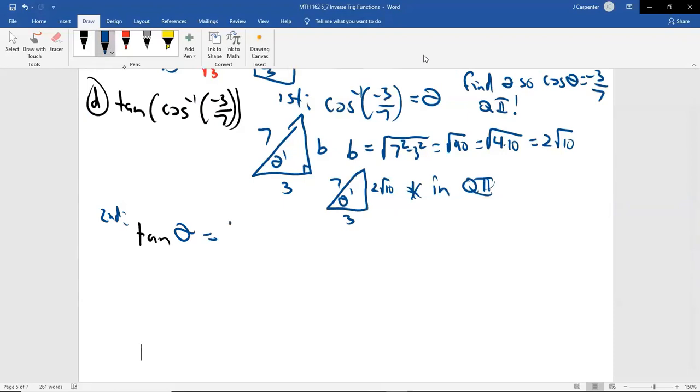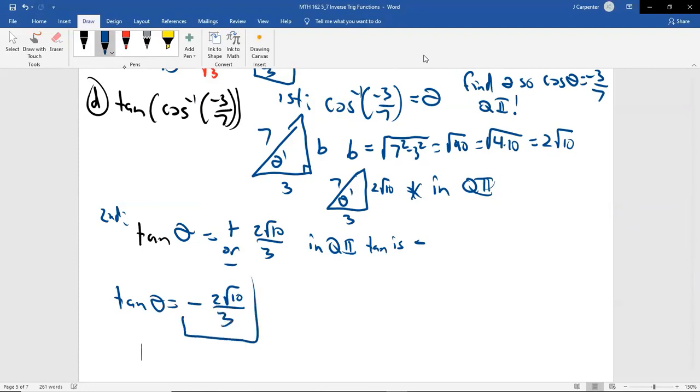So it's plus or minus 2 square root of 10 over 3. Since we're in quadrant 2, tangent is negative. So we choose the negative one. So the tangent of our angle is negative 2 square root of 10 over 3. And that is our answer. That's what the original problem is equal to.